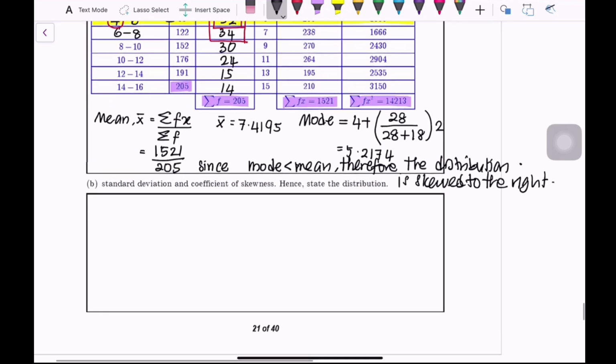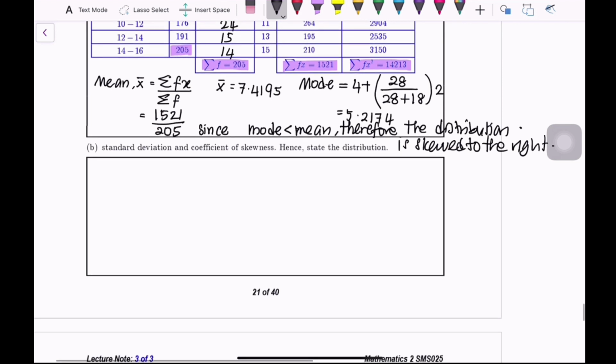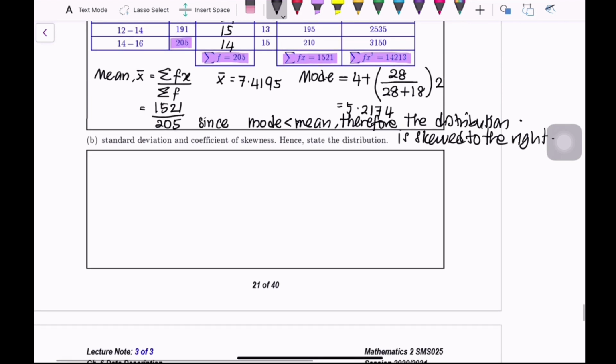Next, B. Find the standard deviation and coefficient of skewness. Hence, state the distribution.